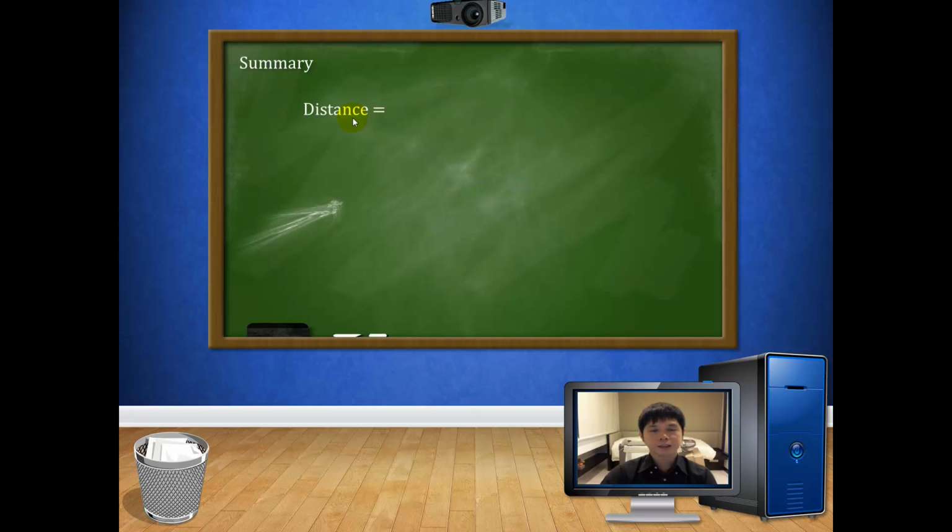We have learned that the distance formula is given by... can you remember? Yes, it is similar to the Pythagoras theorem, and hence it is the square root of (x1 minus x2) squared plus (y1 minus y2) squared, similar to the square root of a squared plus b squared.